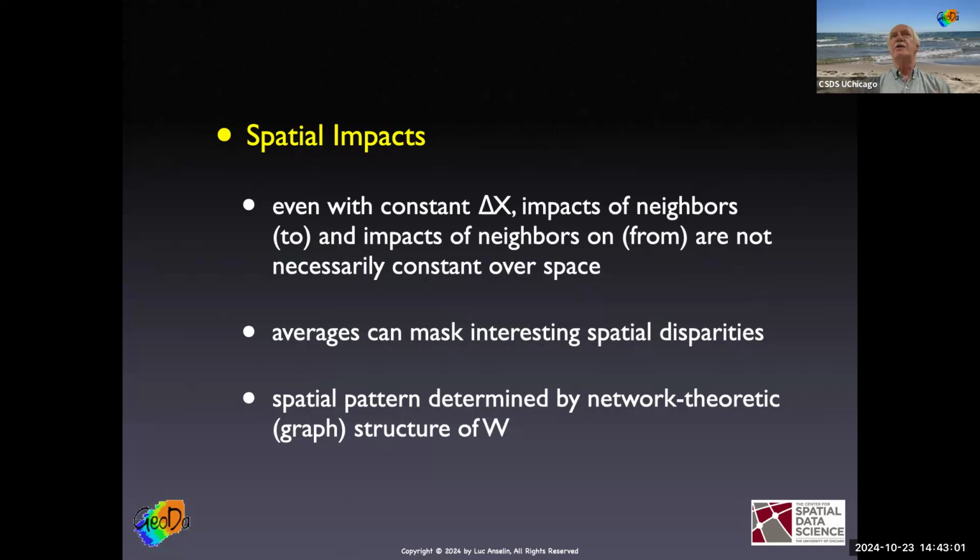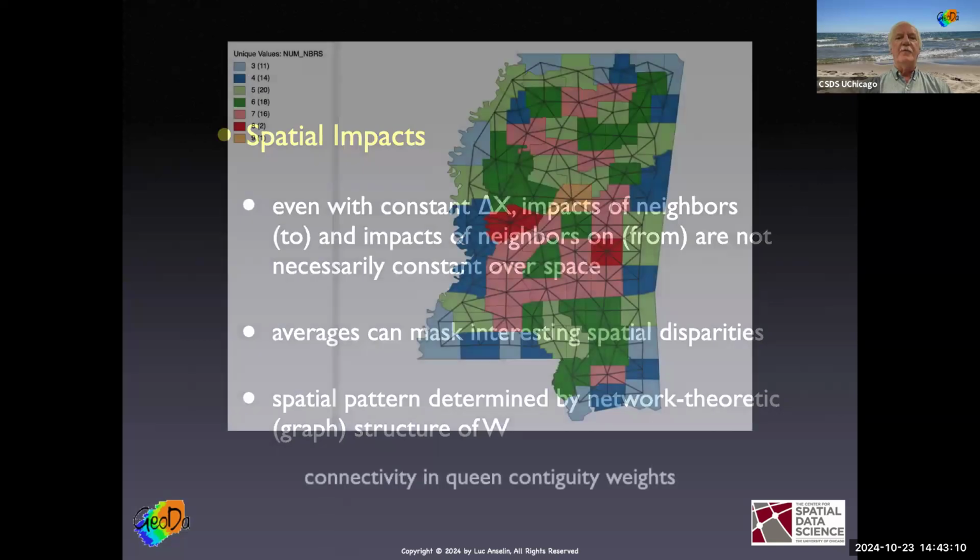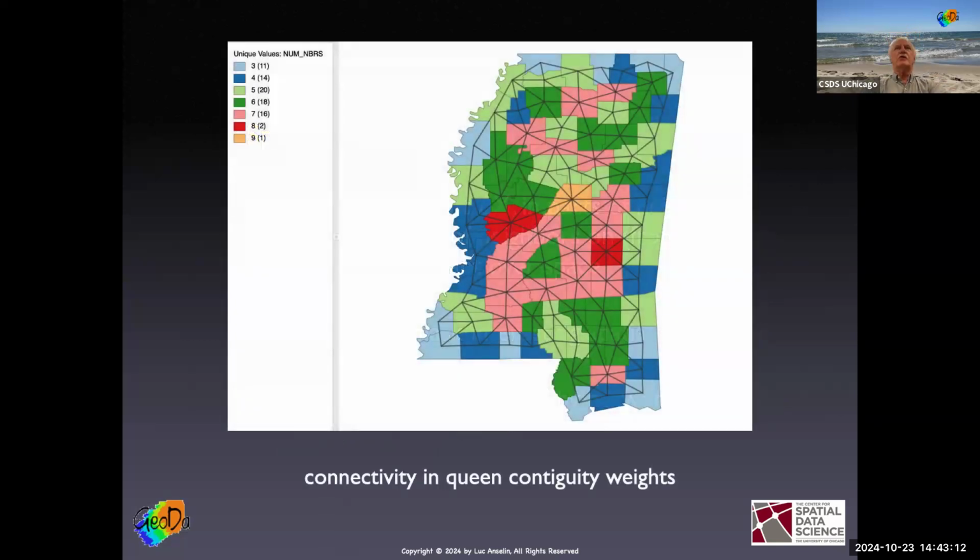And a lot of the spatial distribution, actually almost all of it, is driven by the network structure of the spatial weights. And how do you know the network structure of the spatial weights? This is where GeoDa comes in. In fact, you can do it in PySAL as well, but it's a bit of a pain. So in GeoDa, for any weight matrix, you can save the cardinality of neighbors.